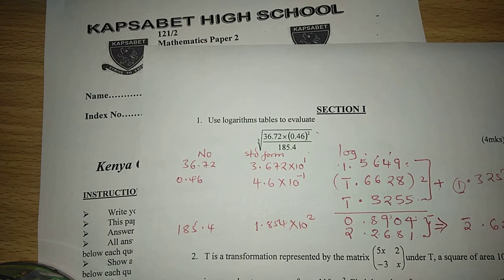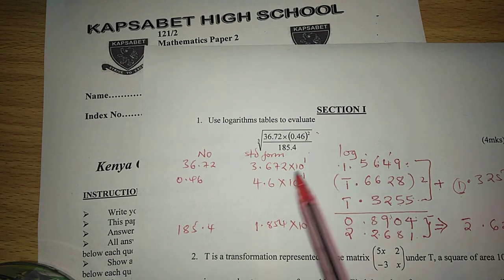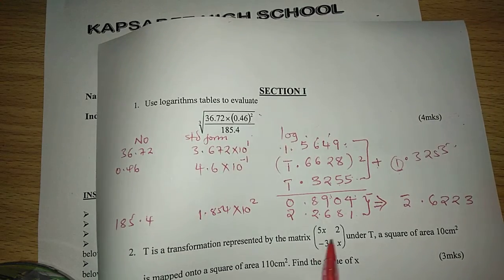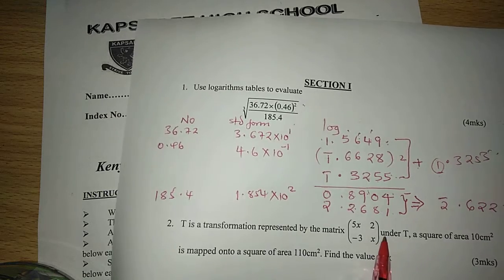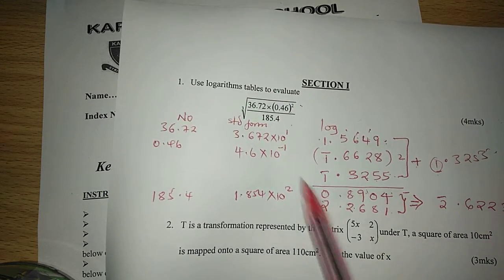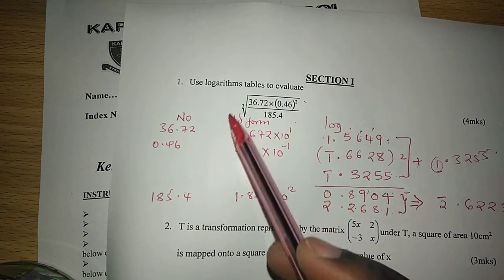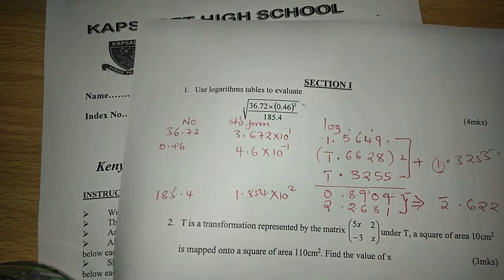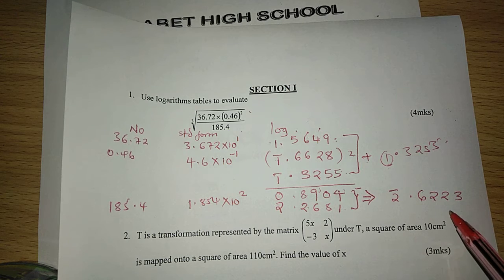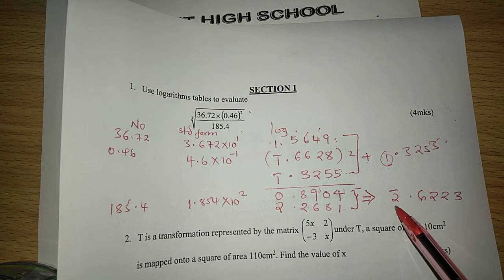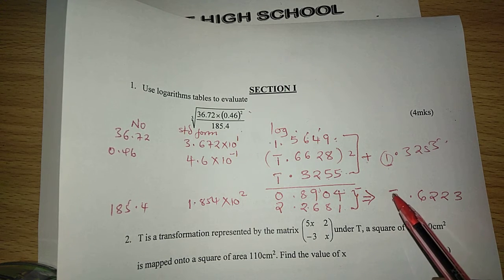So we have bar 2, and when we examine the question, you realize there is a cube root, which means to get a cube root, this logarithm has to be divided by 3. And as we can see, the characteristic is not divisible by 3.